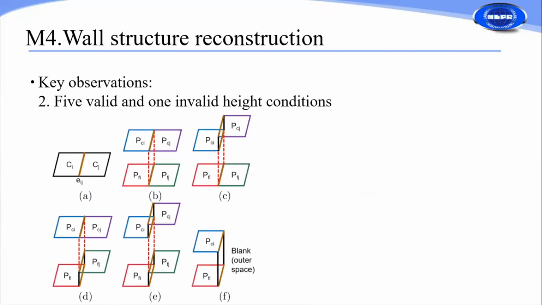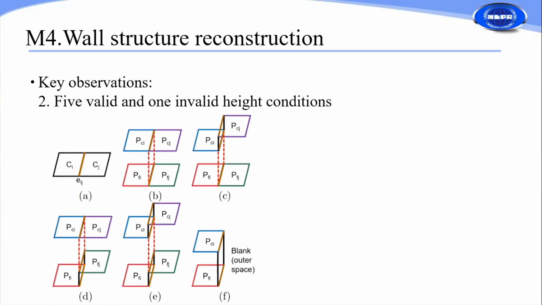According to the ceiling and floor labels of the adjacent cells connected by an edge, there are 5 valid height conditions as seen in B to F. In conditions where the ceiling or floor label planes of the adjacent cells are not connected, such as C, D, and E, and in conditions where the edge is on the boundary, such as F, the height difference marked with black is introduced.